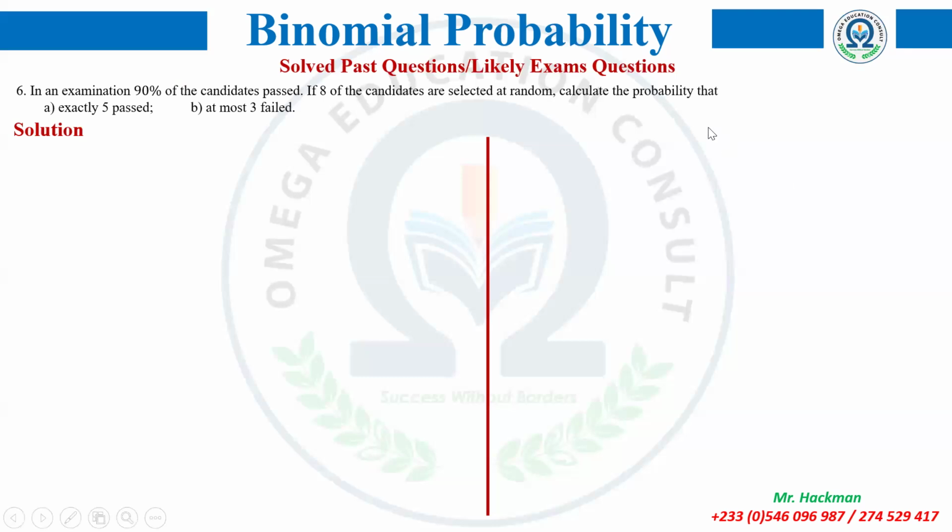Remember I've told you, go for the one whose percentage is directly given. Pick that one as your success. So here, it is the percentage of those candidates who passed. So I will take passed as my success, and automatically failure becomes my failure.